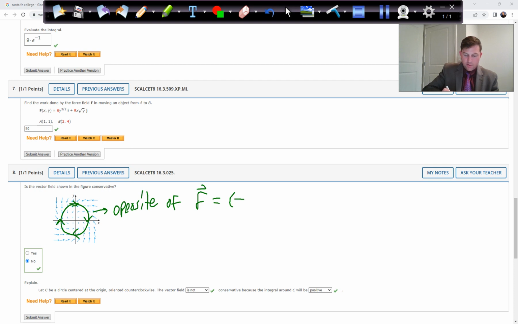That would produce a net negative result. And there is a case where, if this curve C is set up so that the partial derivatives, like we saw before, are equal and opposite, then we get 0 and then it is conservative. But this one, based on our description, would not be conservative because it has positive orientation.